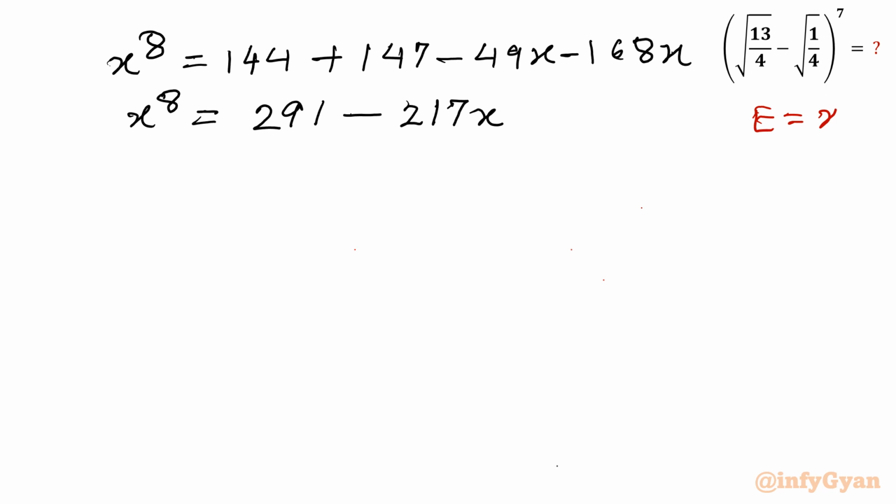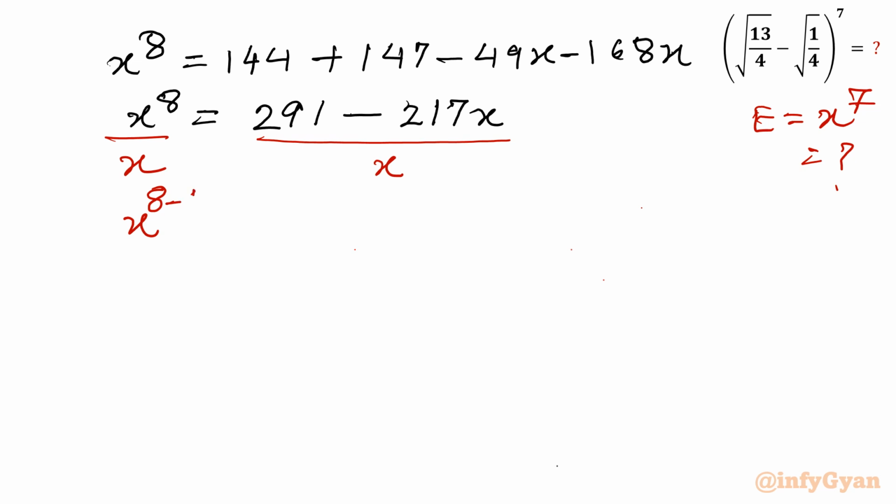Now we have reached x power 8, but what is required? X power 7. So I will divide this equation on both sides by x. Now I can write the LHS as 8 minus 1, as per the property of exponents, x power a over x power b is equal to x power a minus b.